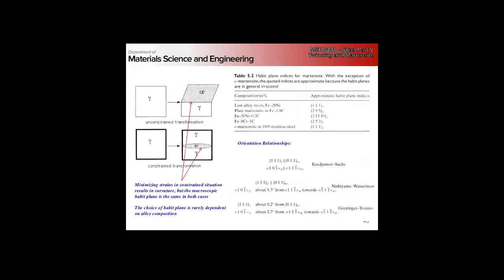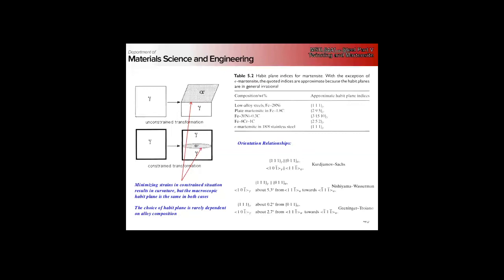So the geometry, the orientation relationship. For low carbon, we have Kurdjumov-Sachs. Remember, I asked everyone to take 15 minutes to draw out the atomic correspondence for Kurdjumov-Sachs, drawing the relevant planes.